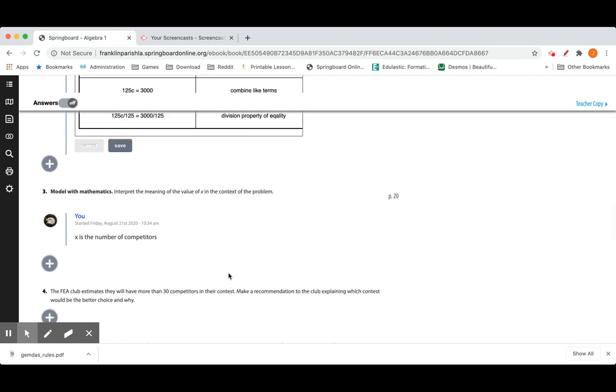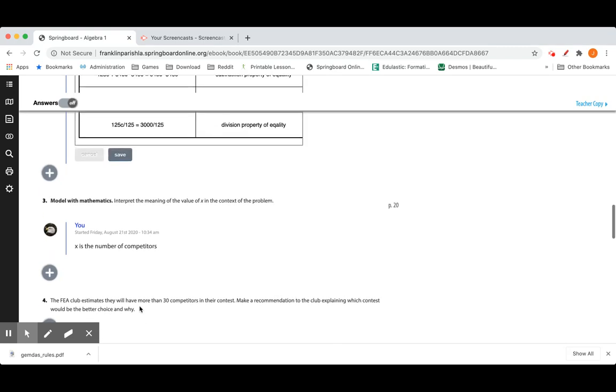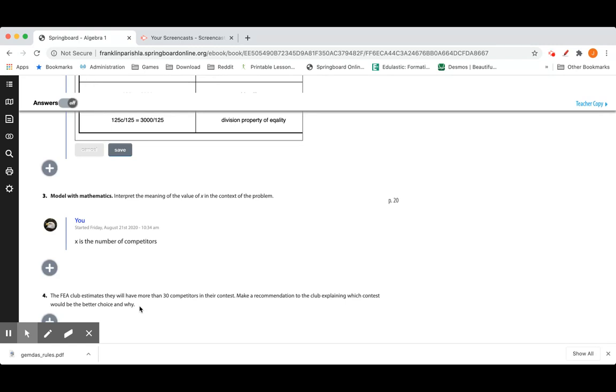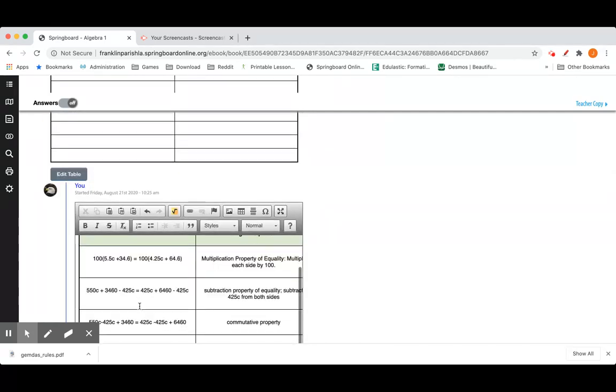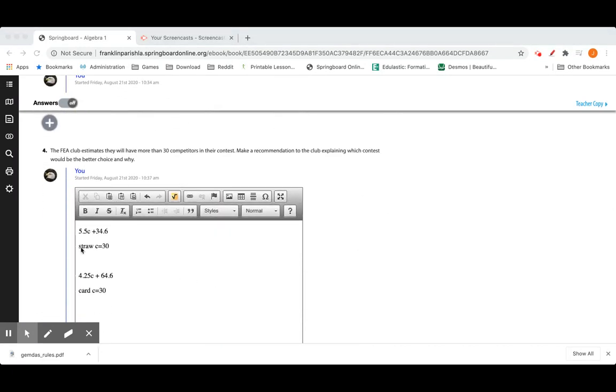So we're going to need to figure out which contest would be the better choice, or cheaper basically, if you go past 24 where they're equal. One of them will start to cost more than the other. It's not the one we want. We want probably to pick the cheapest one. So let's set it up where we have our straw expression, and our card expression for when there are 30 competitors.